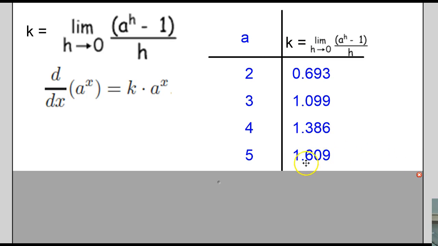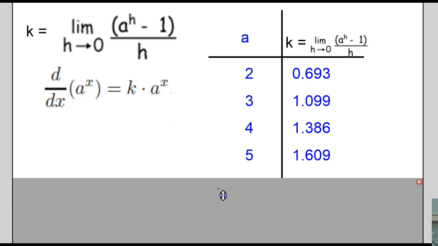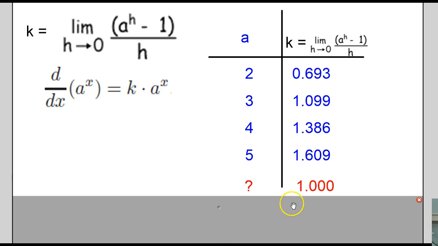But here's a question. If the derivative of a to the x is a multiple of itself, what happens if k is equal to 1? What a value would it need to be so that my k value, that limit of a to the h minus 1 over h, would be equal to 1?